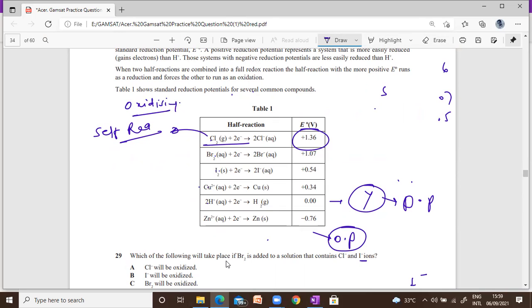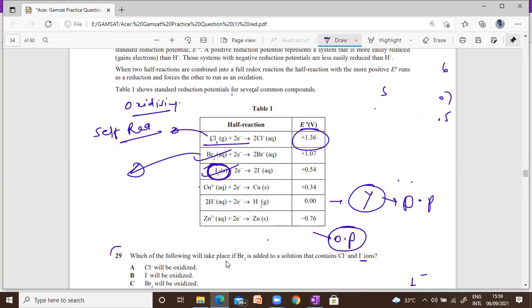So chlorine can oxidize anyone, Br2, I2, anyone, but Br2 cannot oxidize chlorine. The reason is that Br2 is present below the chlorine, so Br2 can oxidize iodine. Okay, Br2 can oxidize iodine.